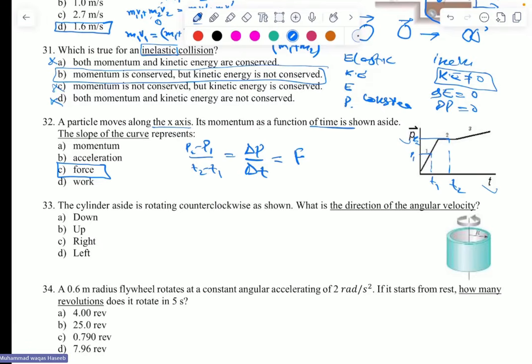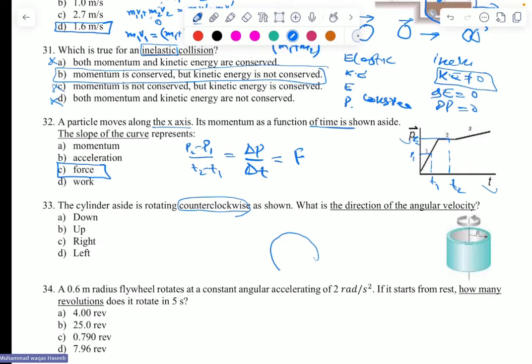Question number 33. The cylinder is rotating counterclockwise. So apply your right hand rule. Thumb will indicate the direction of the angular velocity. If you curl your fingers counterclockwise, your thumb indicates the direction of the angular velocity.